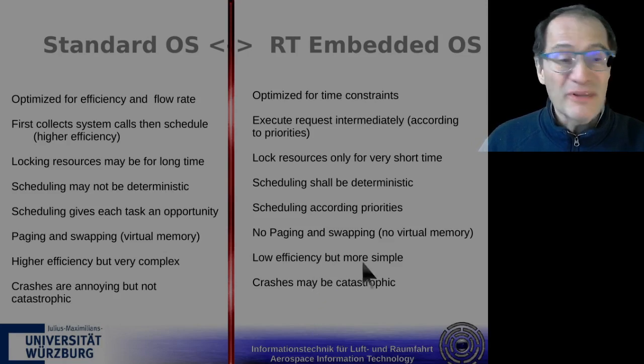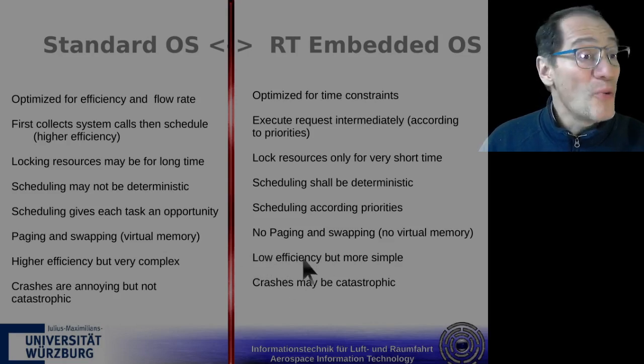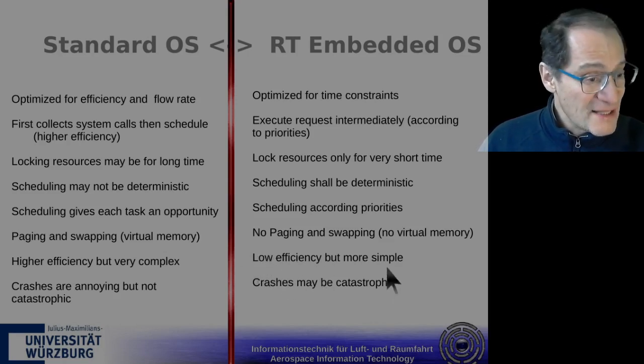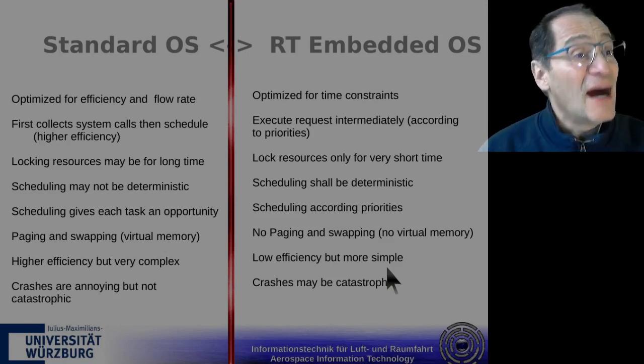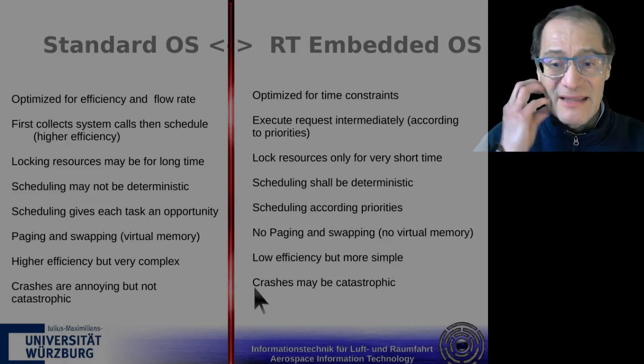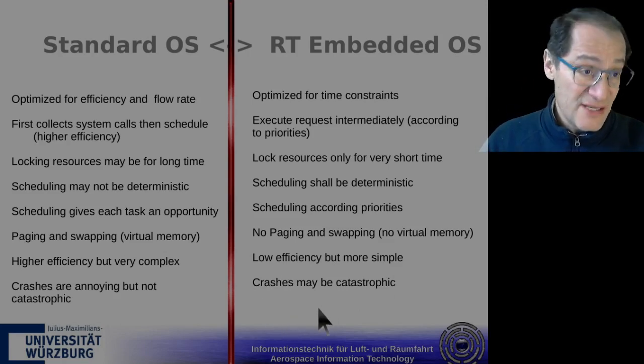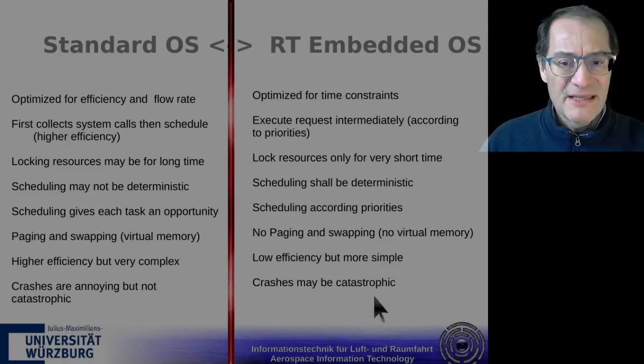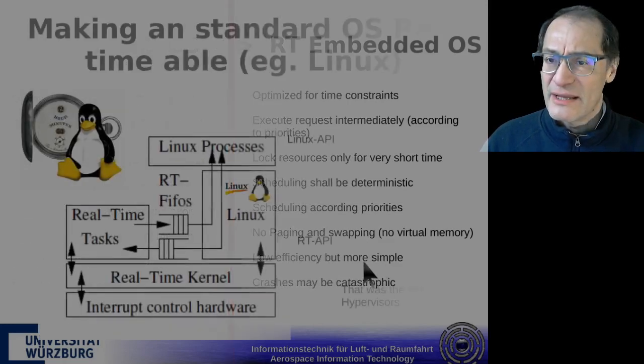And something important to reach this is to stay simple. Even if we have low efficiency, our operating system will be more simple. And if it is more simple, we have higher reliability and the chance for a crash is lower. So these two things come together.